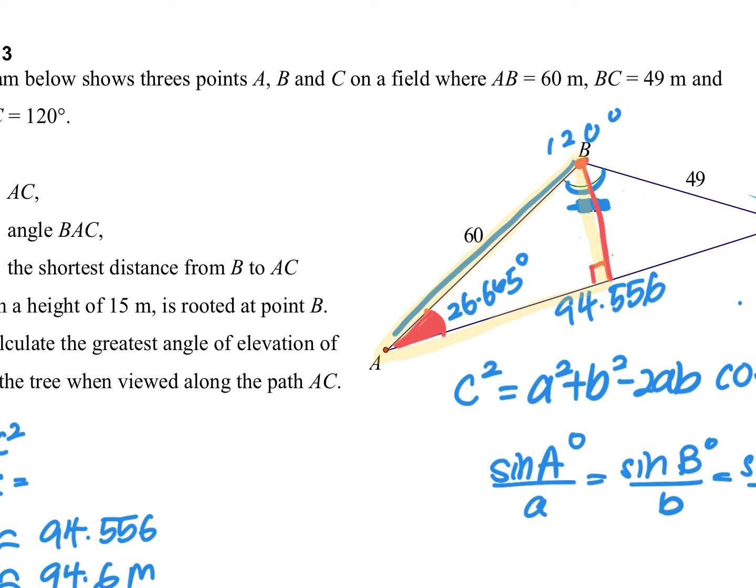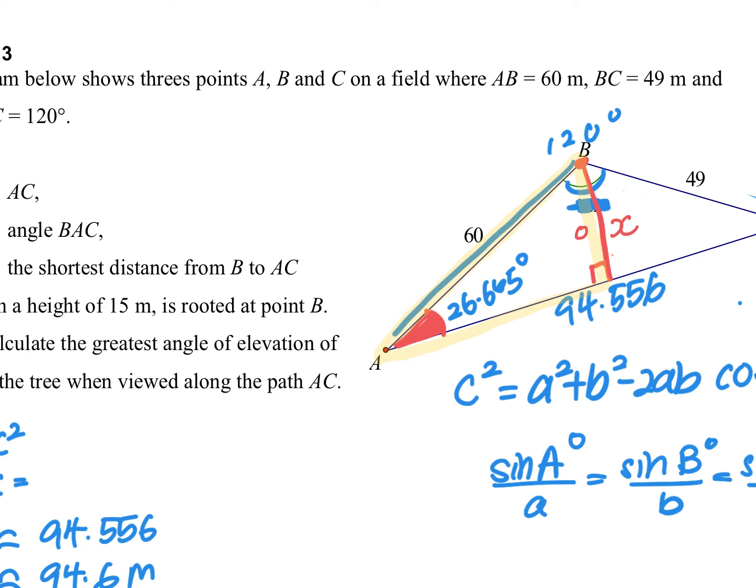Right, okay, let this be a number. You all want this letter H, X, Y, Z, or what letter you want? X, okay, can. This one, yeah, we're doing the shortest distance. So let's say they call it X. Okay, then you notice this one is a right angle triangle, right? You need to label. Where's the opposite? Is my adjacent 94.556? Or here, half the 94.556 can or not?